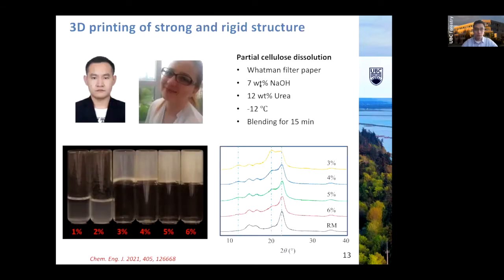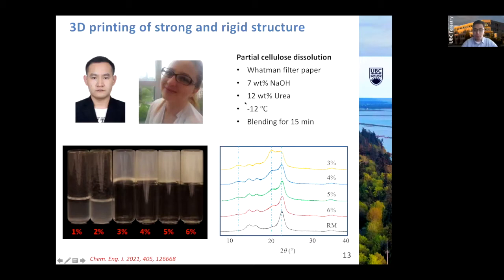Okay, so first of all, 3D printing of strong and rigid structure. This work was done by my postdoc Halai, and also the visiting PhD student Jiang from Beijing Forestry University. Here, what we are doing is we partially dissolve the cellulose using the sodium hydroxide urea system at negative 12 degrees Celsius.